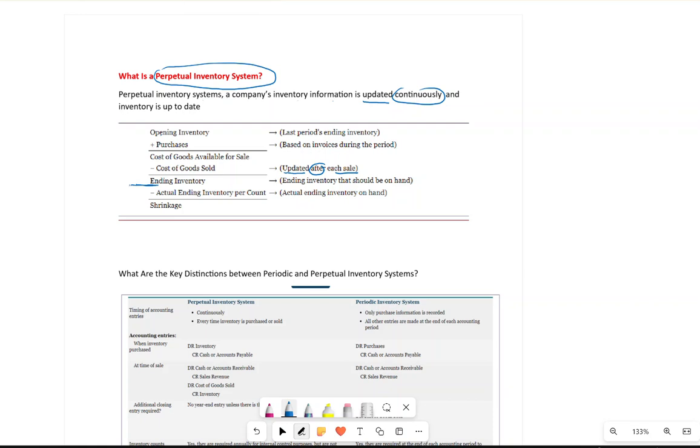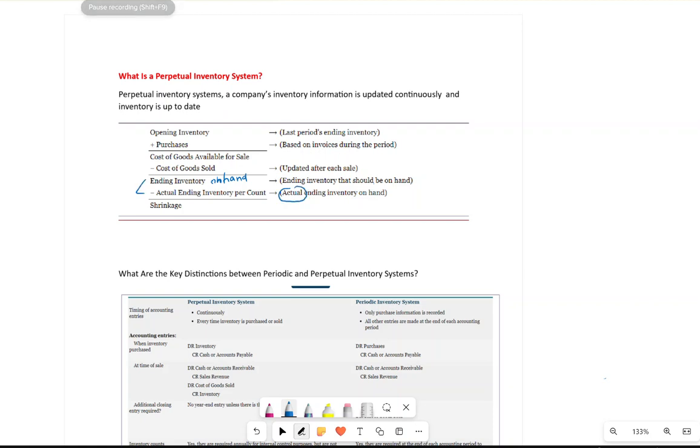But then when you do a physical inventory and count the ending inventory, that should be on hand. So that's according to the paperwork, that's what you have on hand. When you do a physical count, you still have to do a physical count to see what happened to your inventory. So when you tell somebody to do a physical count, that will give you the actual that you have on hand.